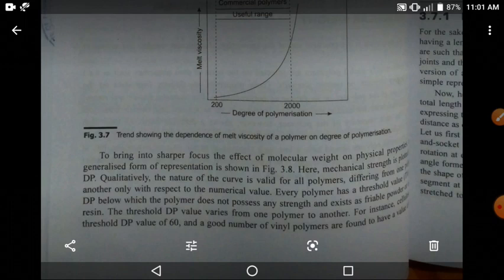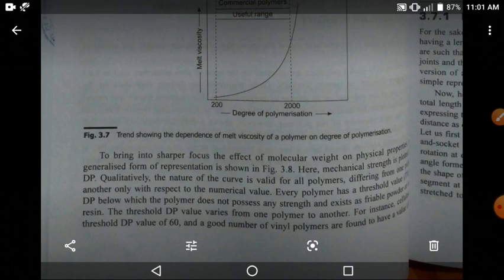The threshold is the degree of polymerization below which the polymer does not possess any strength and exists as a powder. The value varies from one polymer to another.